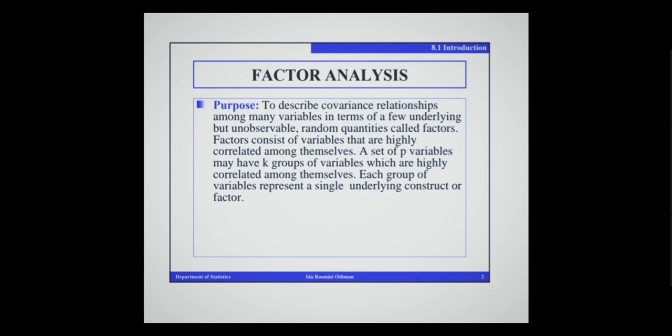So K will be less than P. Each group of variables represent a single underlying construct, or is called factor. So each group of highly correlated variables tadi dinamakan factor. Okay, dinamakan factor, a unique factor.